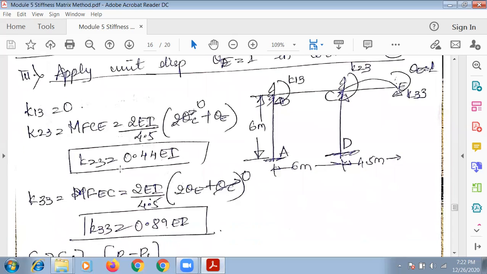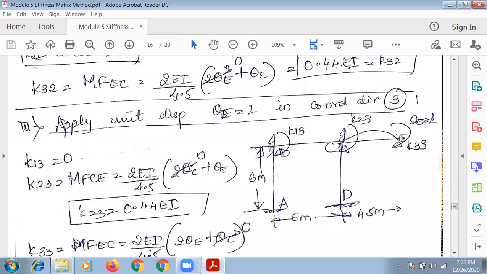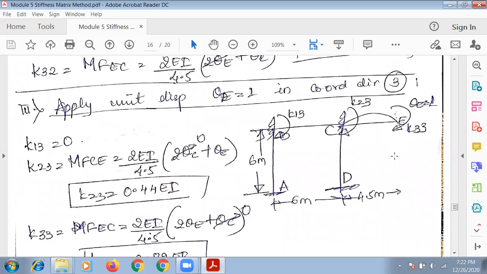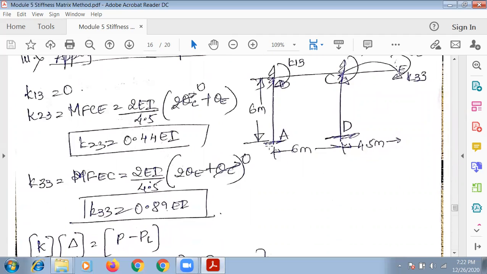Next, K33 is equal to MFEC, which is 2EI by L, 2 times theta E plus theta C. So K33 is equal to 0.89 EI.